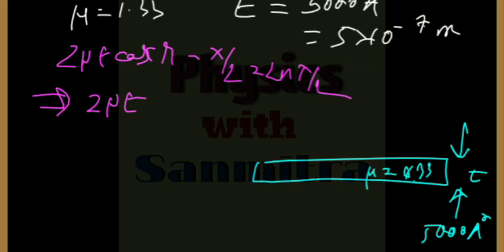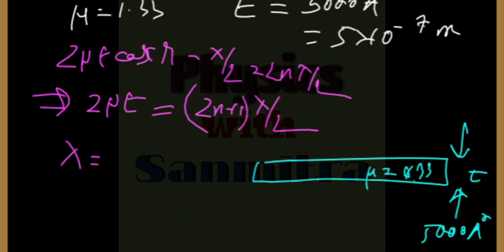Now this is 2n plus 1 lambda by 2. So 2 mu t is equal to 2n plus 1 lambda by 2. Now lambda is equal to 4 mu t by 2n plus 1.